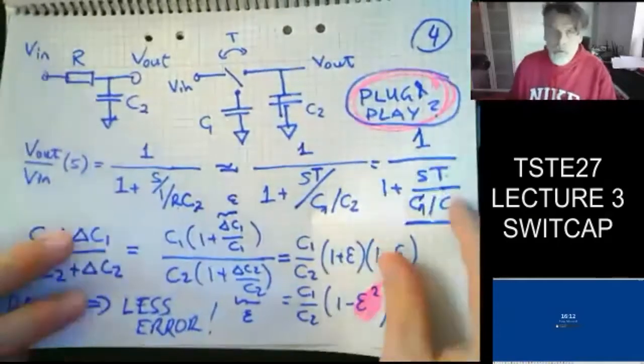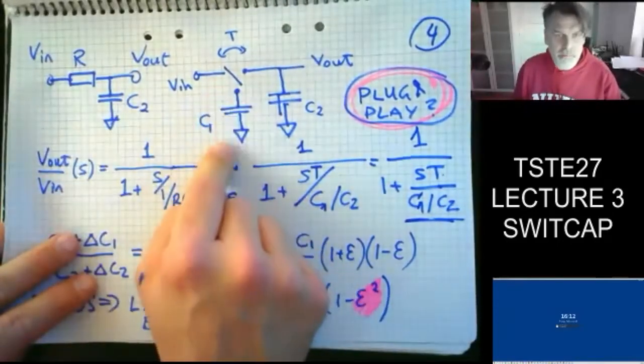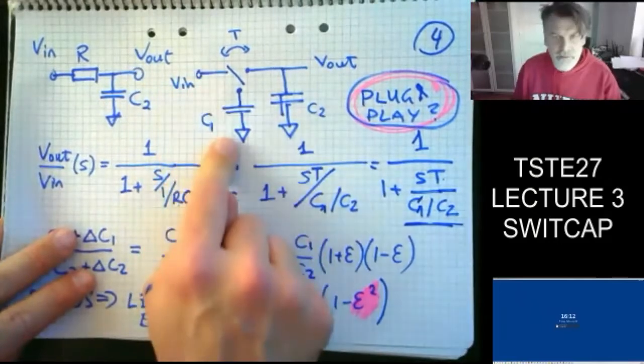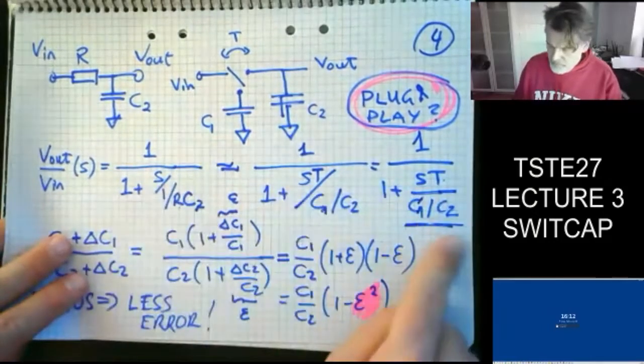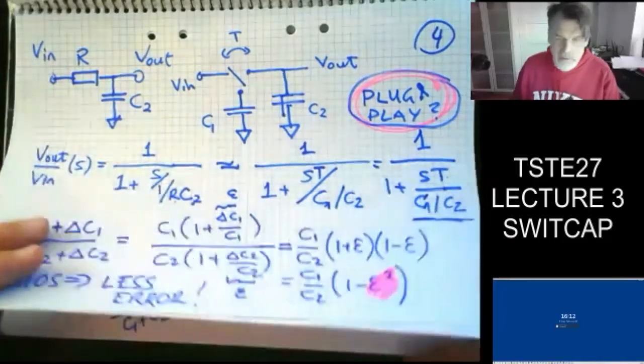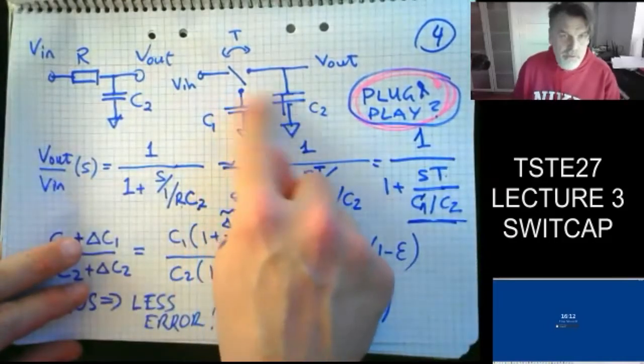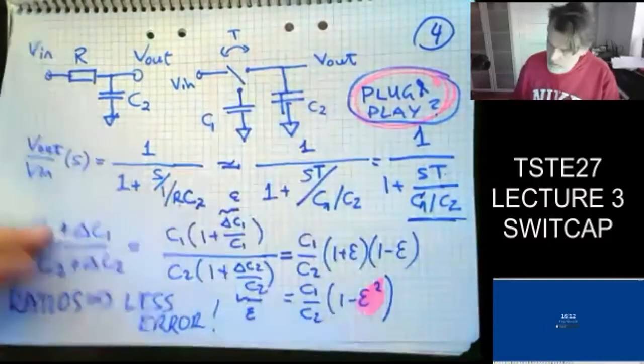Okay. So the plug and play method, where I just assumed I could replace my resistor with a capacitor, gave me some assumption here which was incorrect. We get C1 over C2 and didn't cater for the charge sharing between these two during this phase.